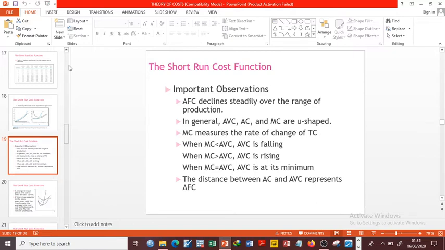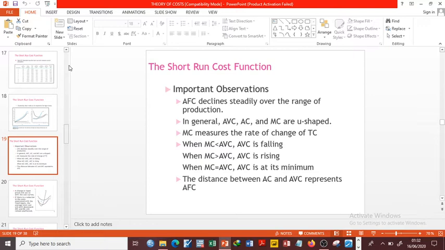And we also realize that all these costs, average variable cost, average cost, and marginal cost, are U-shaped, right? And then, of course, we know marginal cost measures the rate of change in total cost. But important to note about these graphs is that when marginal cost is less than average variable cost, average variable cost will be falling.